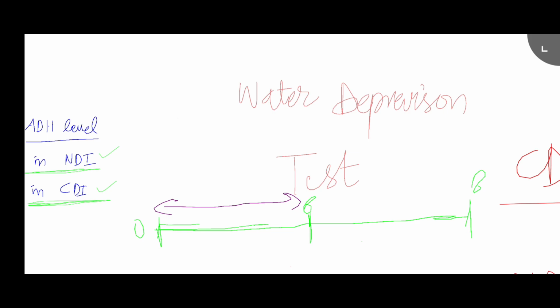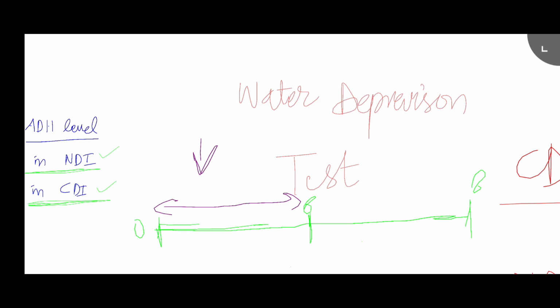But here, the ADH is not produced. So after the 8 hours, even after fluid deprivation, the urine osmolality will be low, sorry, because the urine is diluted even after the water deprivation. So after 8 hours of fluid deprivation in a normal person, the urine osmolality should be high. But here the urine osmolality is low.